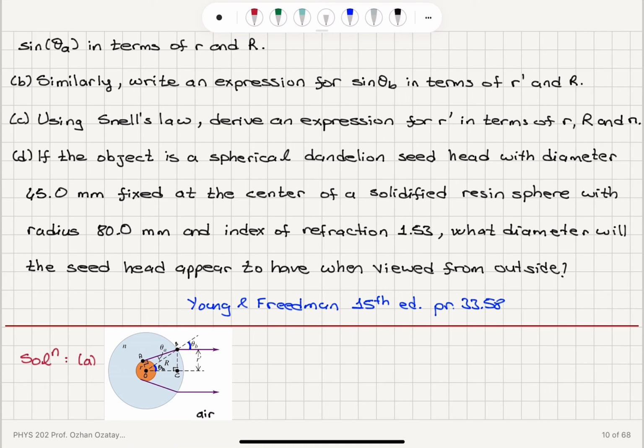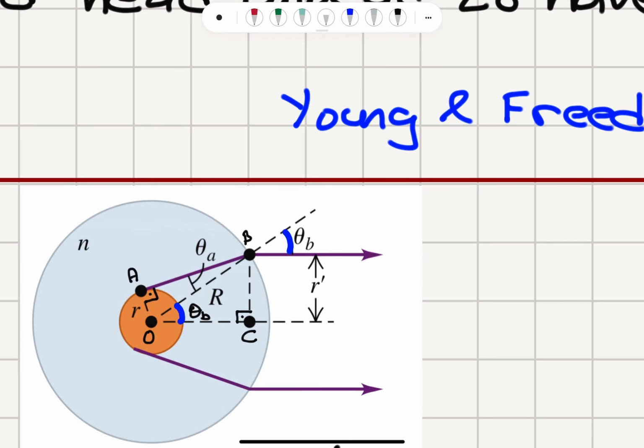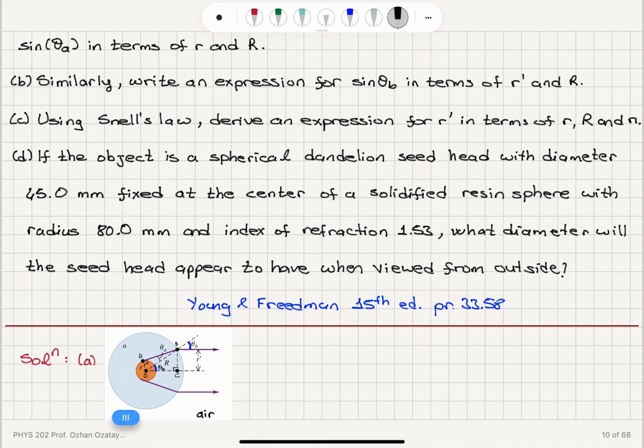So let's start with part A. So we have this triangle OAB, consisting of the beam that is coming from the top point A of the spherical object and the central axis, and the angle we have here is theta A. So this OAB right triangle tells us what the sine of theta A should be.